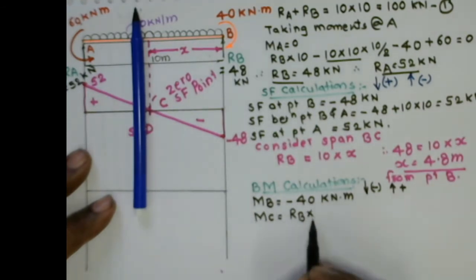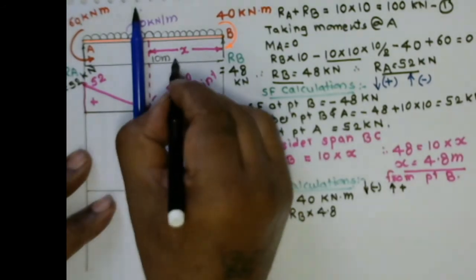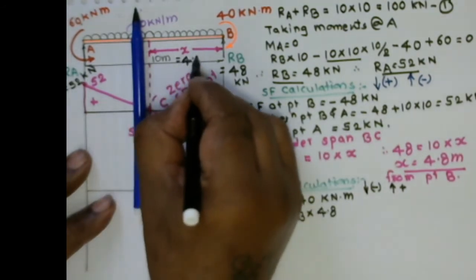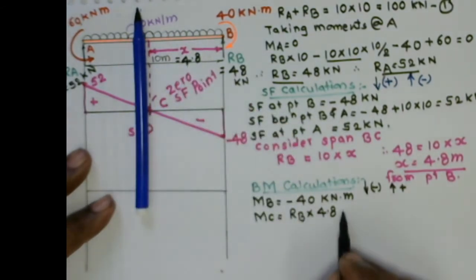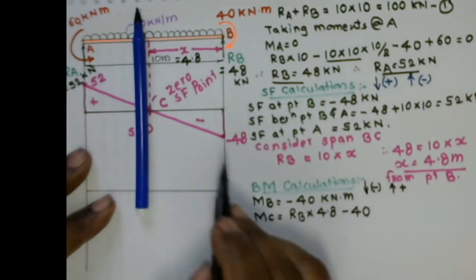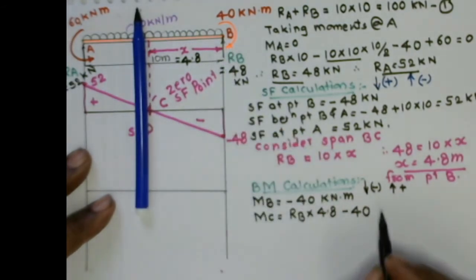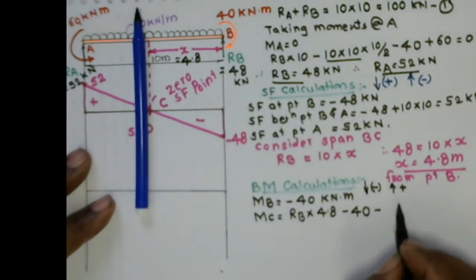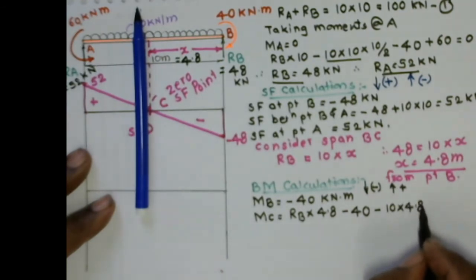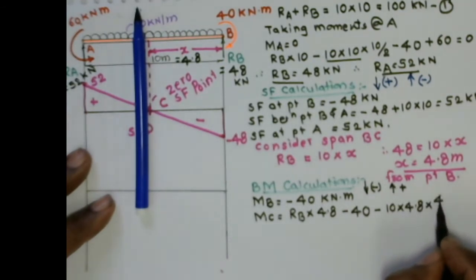So RB into its distance up to point C, that is 4.8, minus 40 for the clockwise moment, and the UDL 10 into its span up to point C, 4.8, acting at the center, 4.8 by 2.